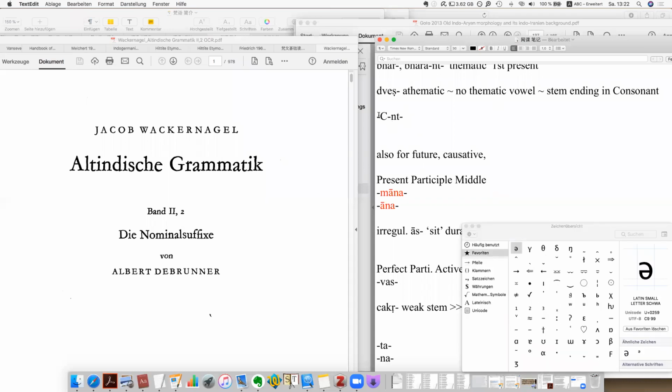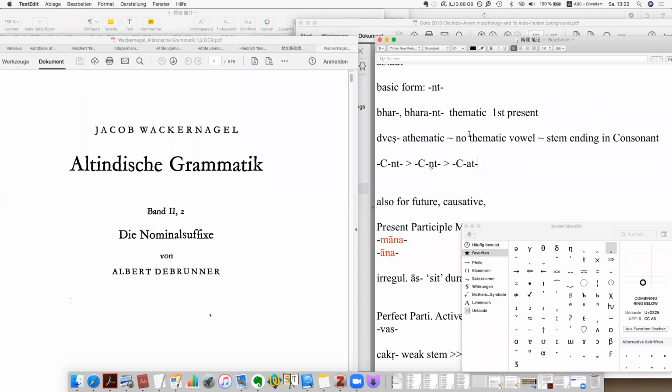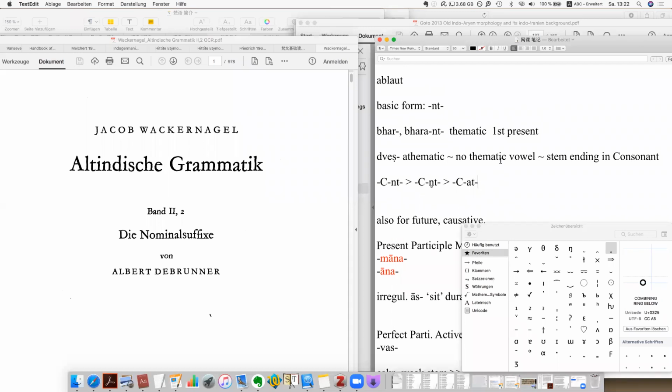For this structure, you have three consonants, and it is actually not allowed, and you need to make it speakable or pronounceable. So you need to change this one into a vowel, and then you have the result of at. This is actually the logic of nt and at. They are related because it's kind of an ablaut. Okay.